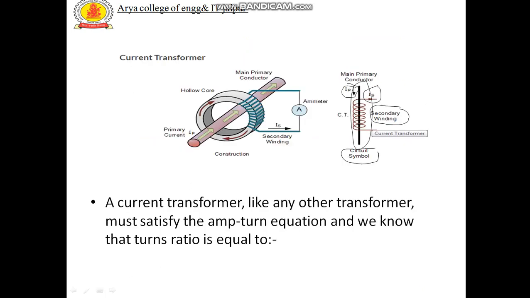The primary is a part of the power system or it is a conductor, and on the secondary side in this type of current transformer, the secondary has a ring type iron core on which the winding is wound uniformly over the entire periphery.